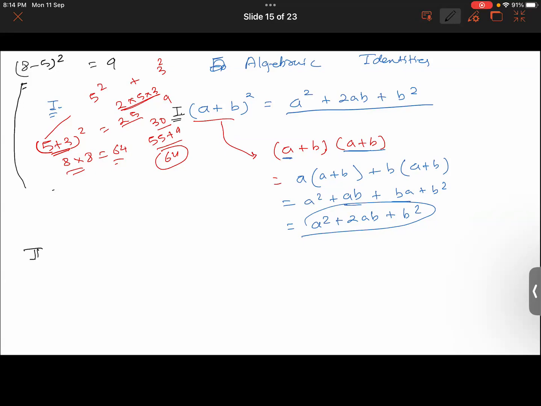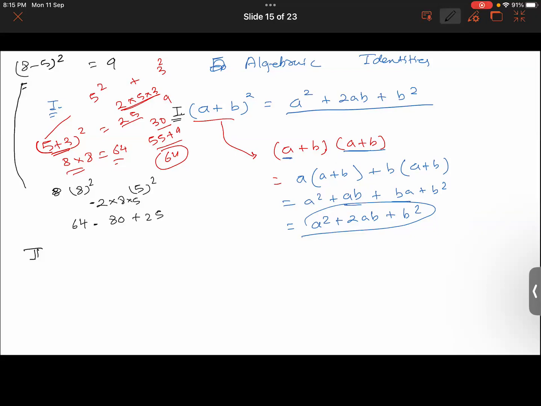For example, how do we do that? If you were to square 8, and if you were to square 5, and multiply 8 and 5 with minus 2 here, so you will be getting what? 64 minus 80 plus 25.